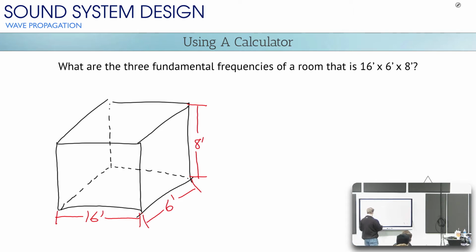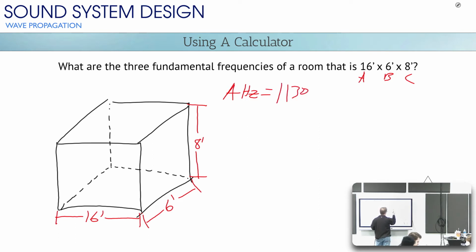Let's start with the 16-foot one. We'll call this A, that B, and that C. So A hertz is going to equal, if I write this all the way out, 1,130 feet per second divided by 16 times 2, otherwise known as 32.